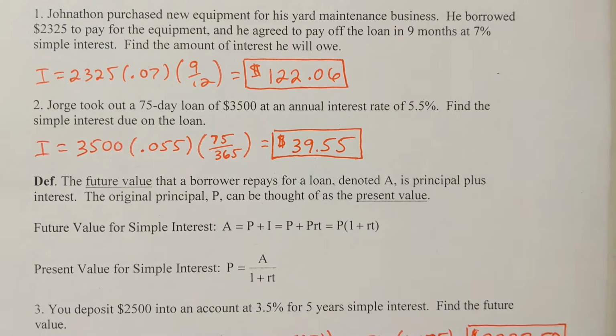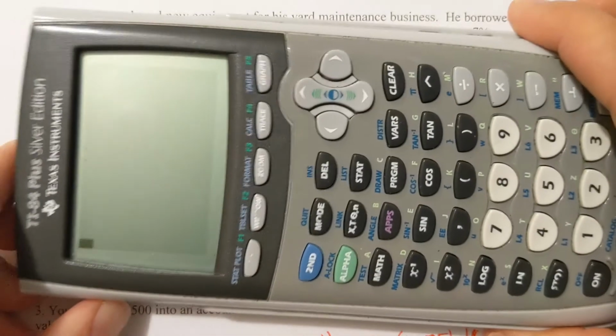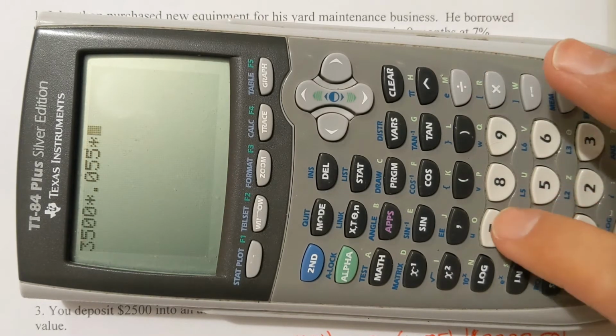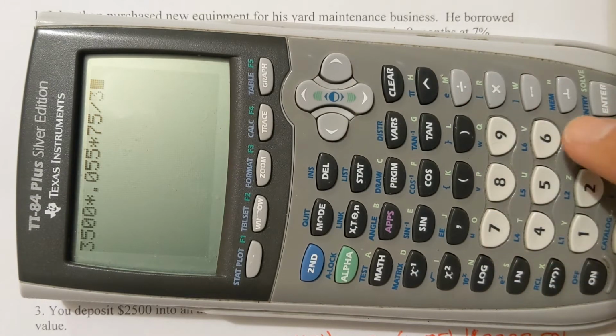Problem 2 says that Jorge took out a 75-day loan of $3,500 at an annual interest rate of 5.5%. Find the simple interest due on the loan. So I would take 3,500 times 0.055 times 75 divided by 365.